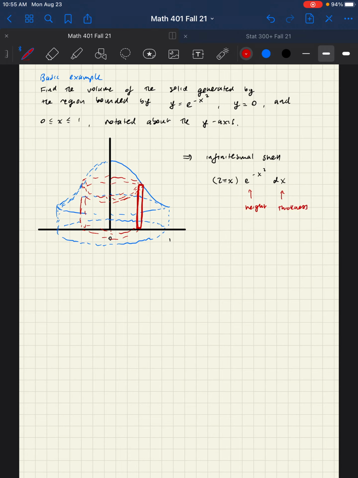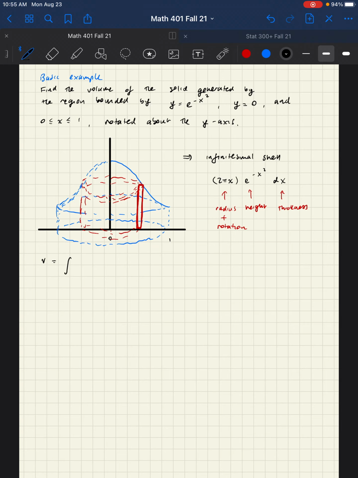And again, this is the height, the thickness, and radius times rotation. There are other ways of arranging this if you are not comfortable with this. You can think about it in terms of the actual formula for a shell or some other way, but these pieces have to be all there together.